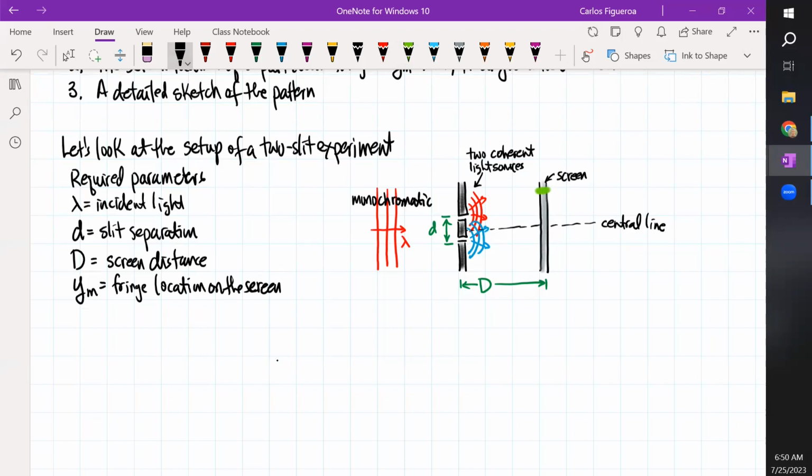This distance from here to here is this location. Relative to the central line, this is going to have some angular location, theta m. So typically it's either the fringe location or the angular location on the screen. So that is my interference setup here.